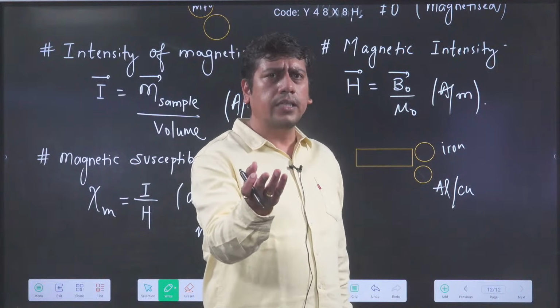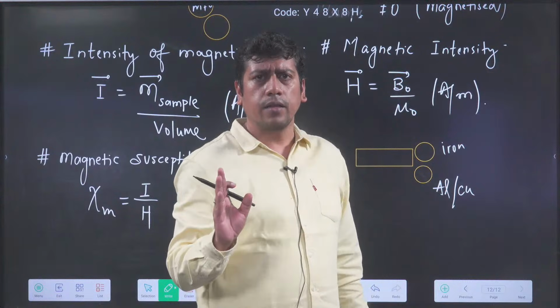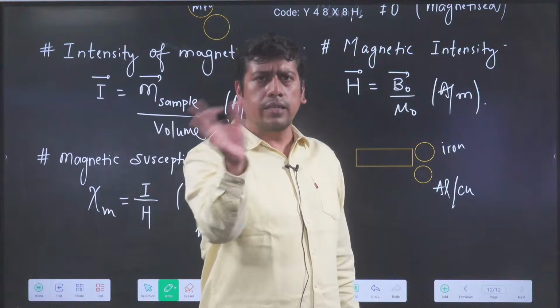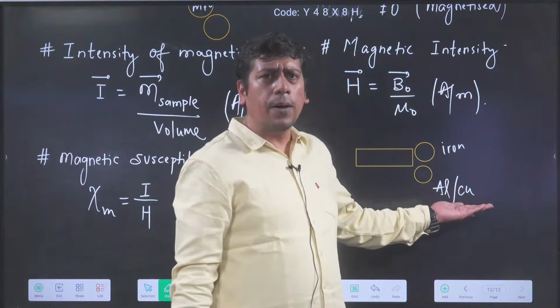Major ferromagnetic substances are iron, cobalt, nickel. Gadolinium is also there, but the simple ones are iron, cobalt, nickel, or their alloys. Aluminium and copper are not ferromagnetic.